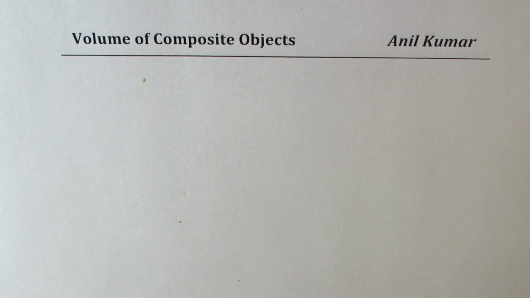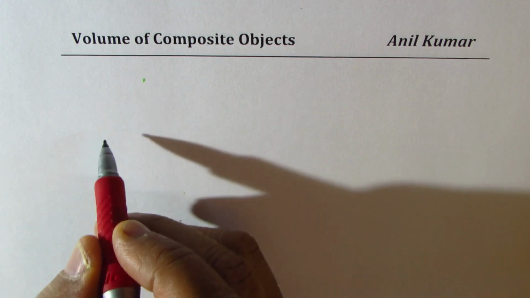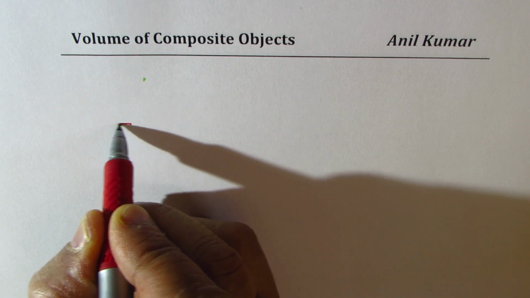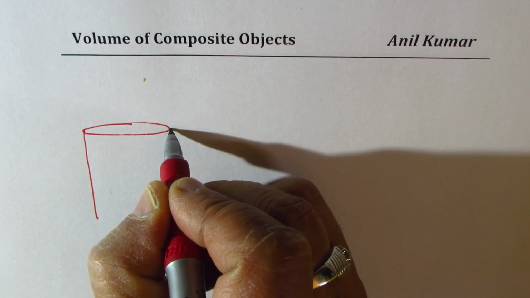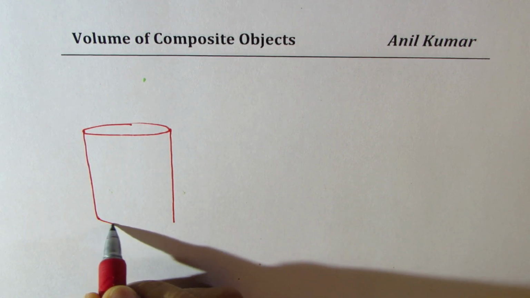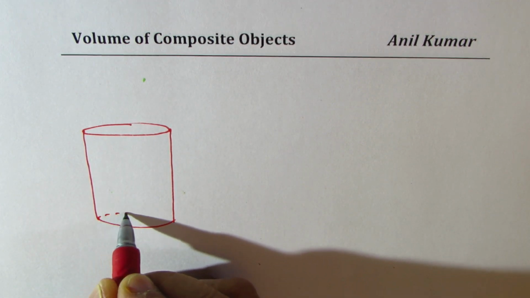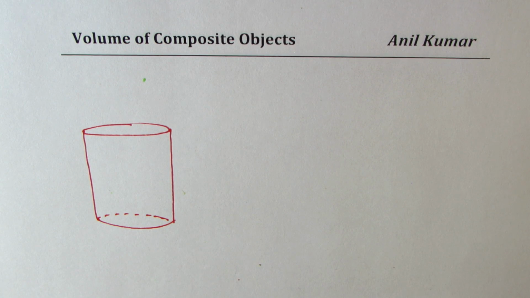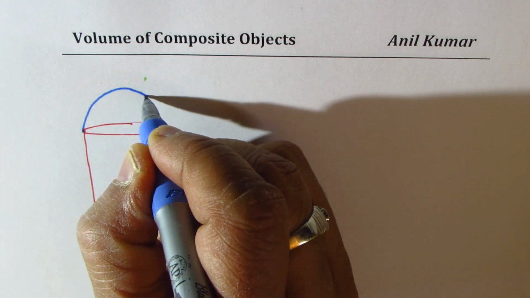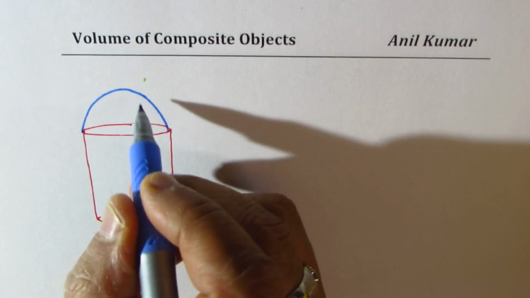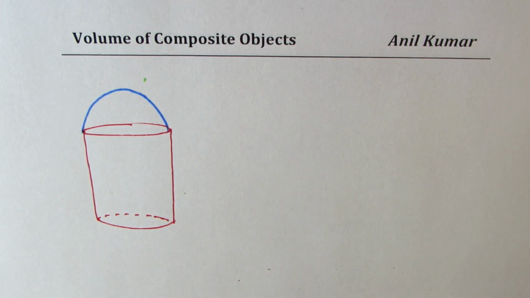Now I'll take up another composite object. We will have a cylindrical object here, and on top of this we'll add a hemisphere, like a dome, right? So that becomes a 3D object for us.